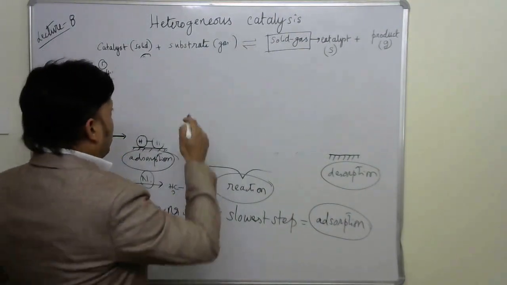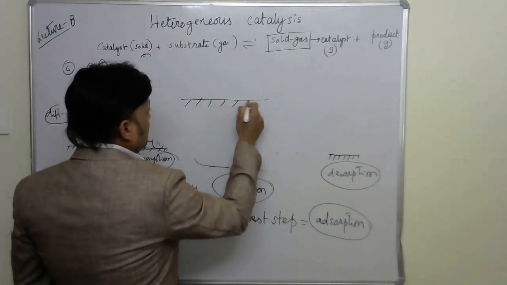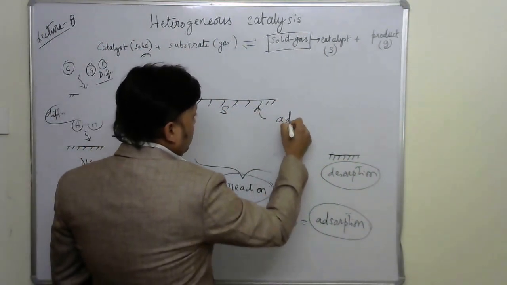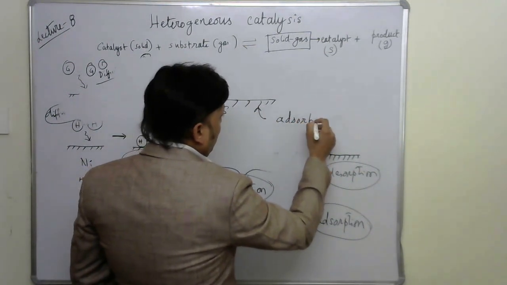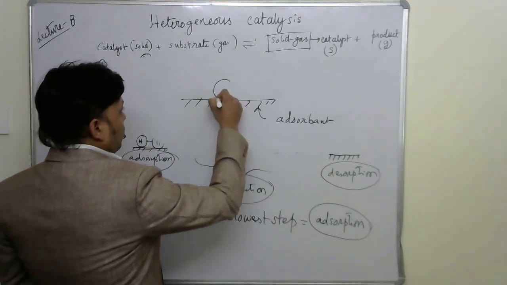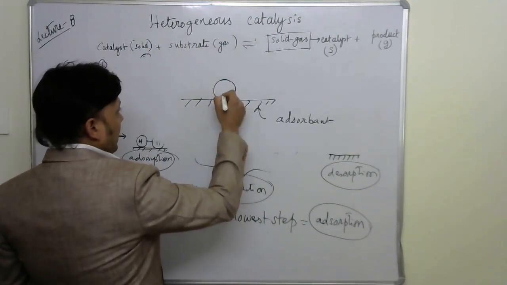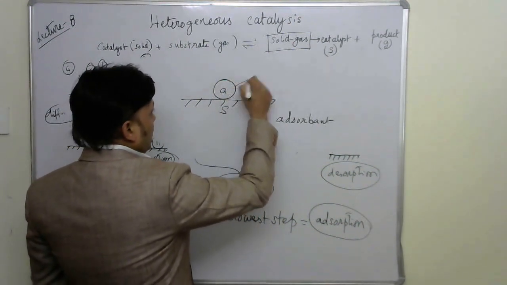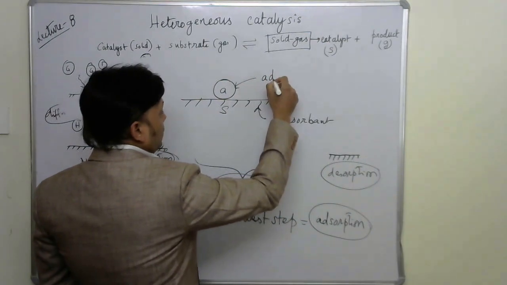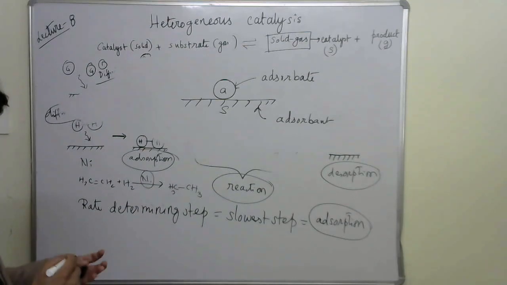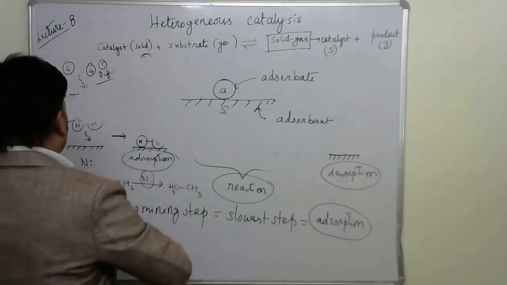Whenever we have a solid surface, it is also called the adsorbent, and the gas molecule that is getting adsorbed, after it is adsorbed, is known as the adsorbate. These are some terminologies we should be familiar with.